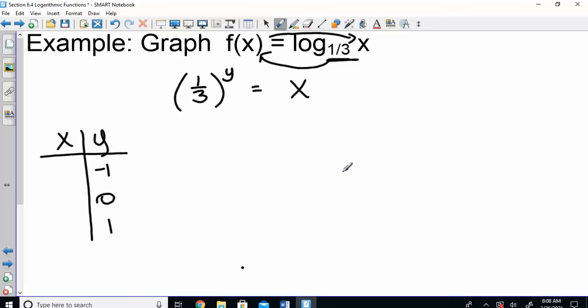Could you plug in like -3, 0, for the x? For the y? Yeah. I don't think it'll make it easier though, because like a -3 would turn into a 27. Okay. -1, what's 1/3 to the -1? 3. 1/3 to the 0 is 1, and 1/3 to the first is 1/3.